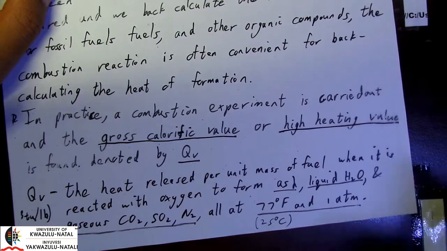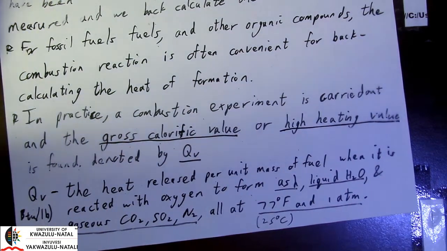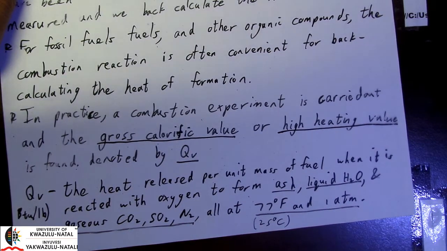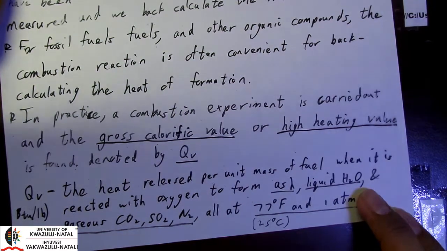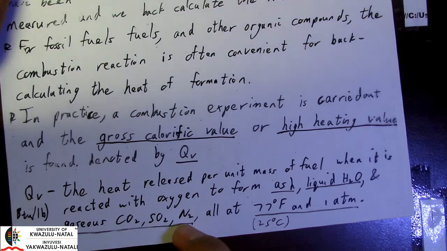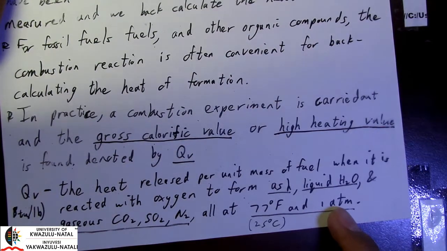So QV, typically in BTUs per pound, is the heat released per unit mass of fuel when it is reacted with oxygen to form ash, liquid H2O, and gaseous CO2, SO2, nitrogen, all at 25 degrees and 1 atmosphere.